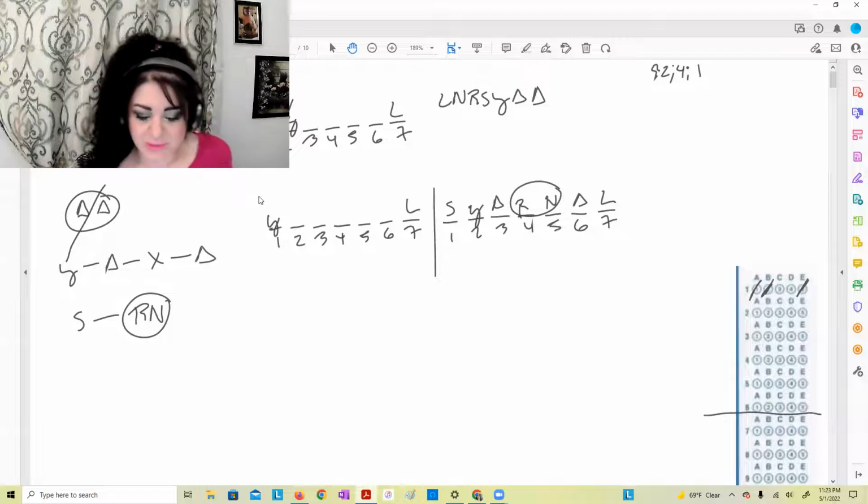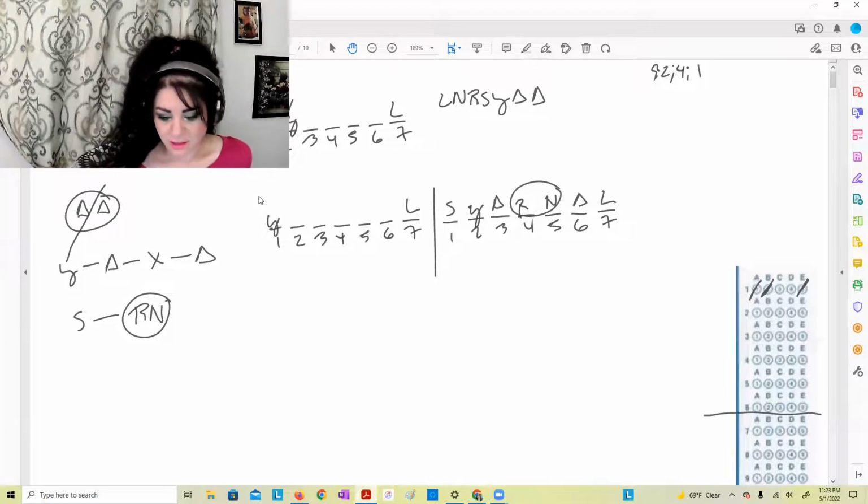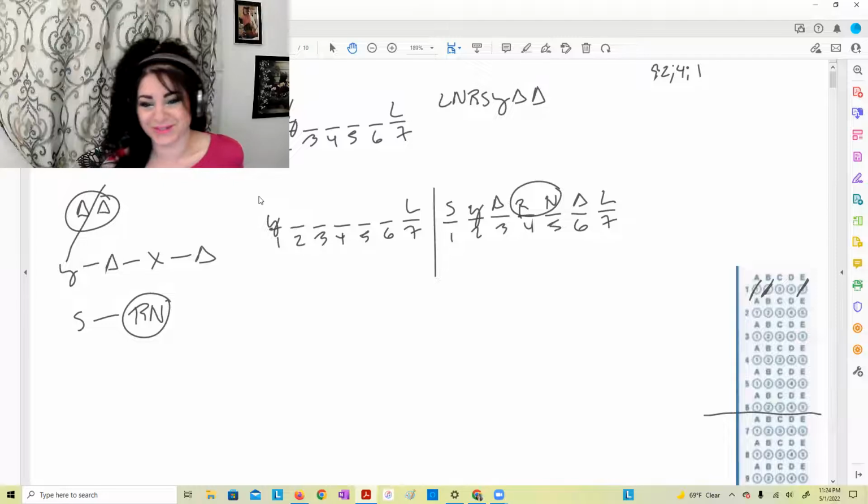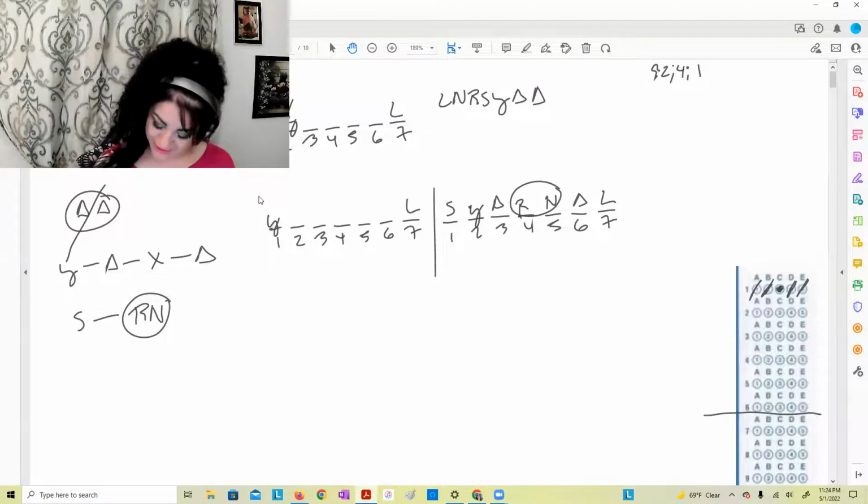So what else am I missing? I'm between C and D. Yeah, so looking at D, oh yeah, L has to be on number 7. I totally forgot that rule. D violates that rule and leaves us with C as the correct answer.